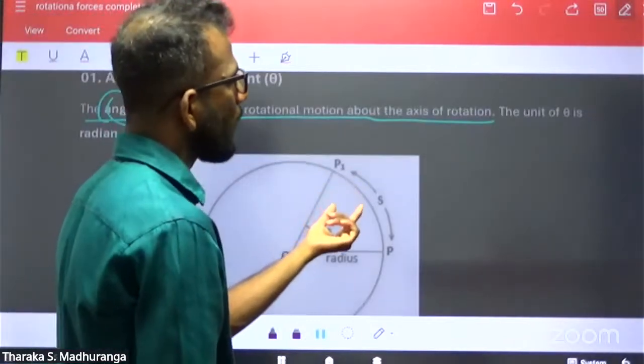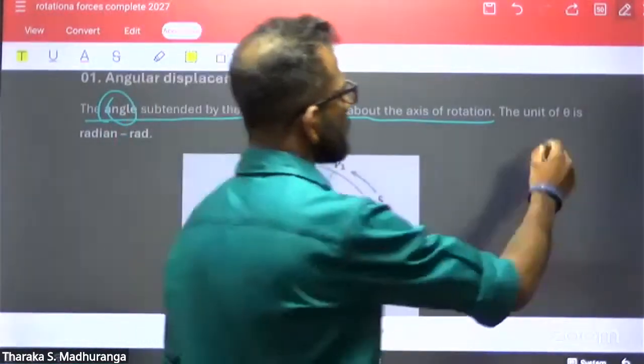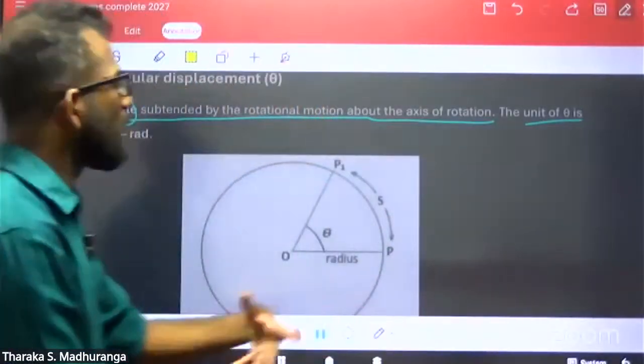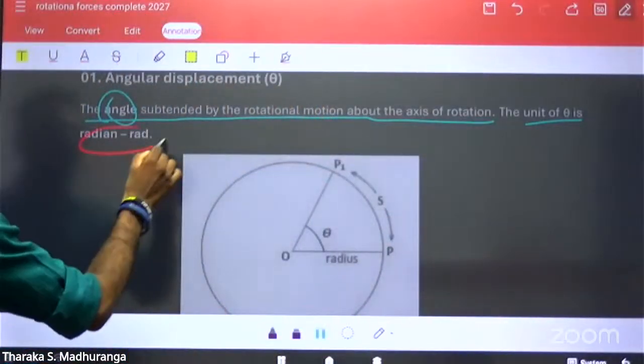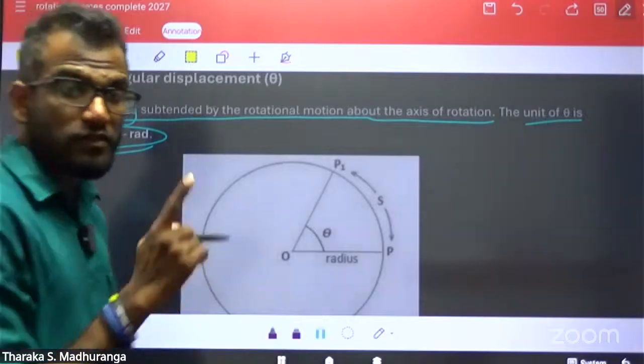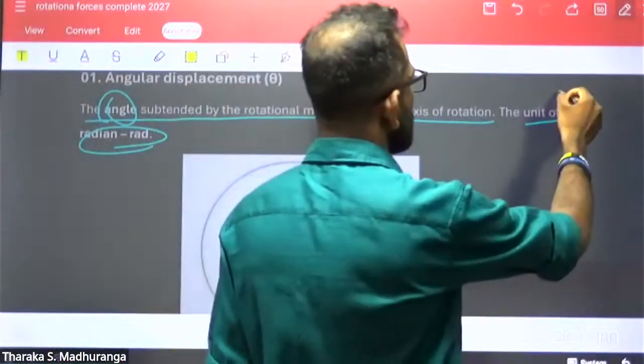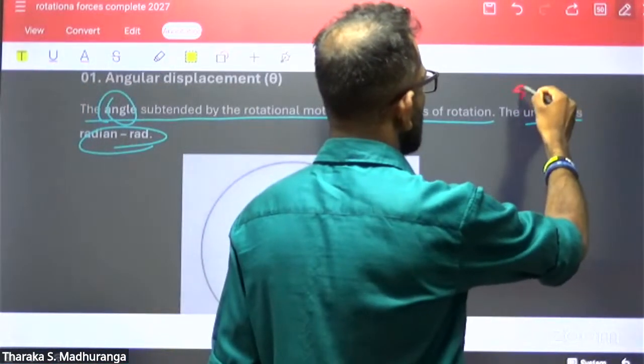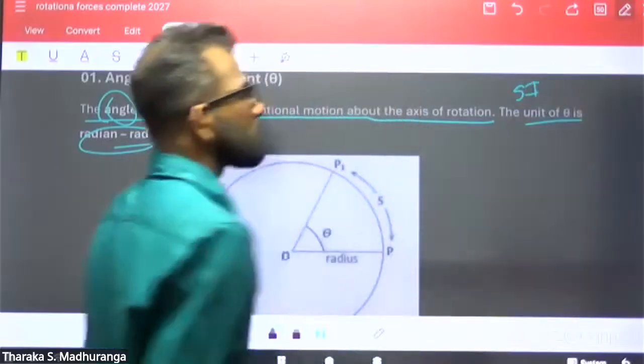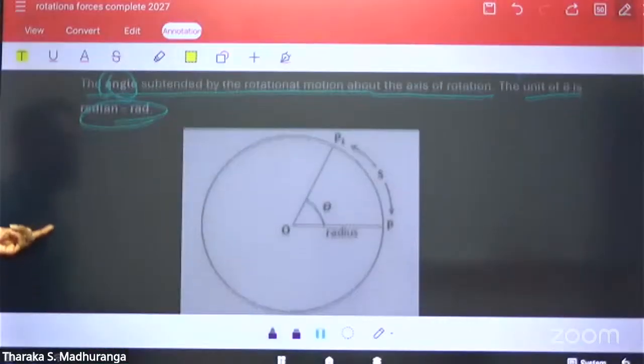The unit of theta, the unit of angular displacement, is radian, not degrees. The standard unit, the SI unit, the standard international unit.